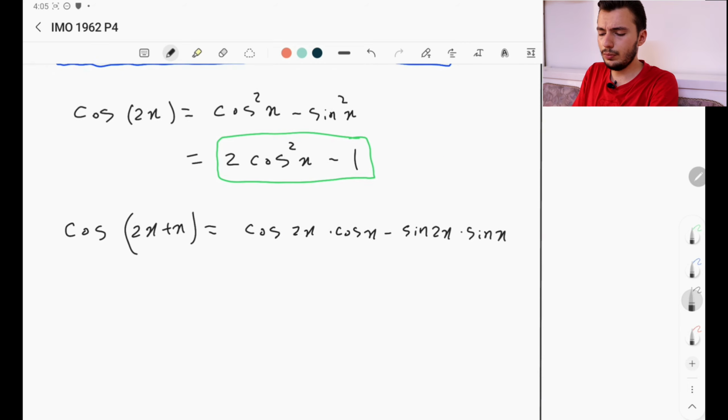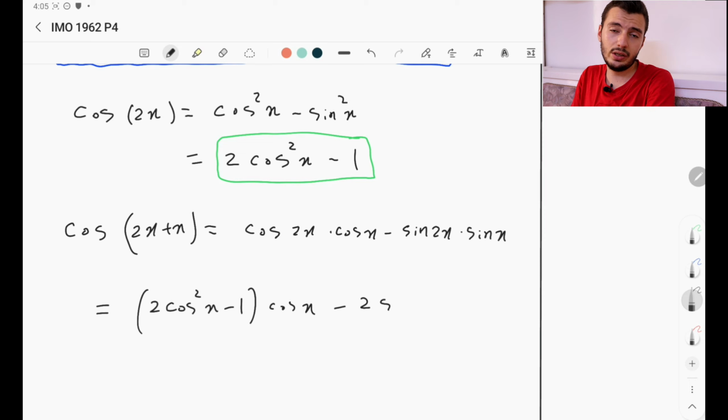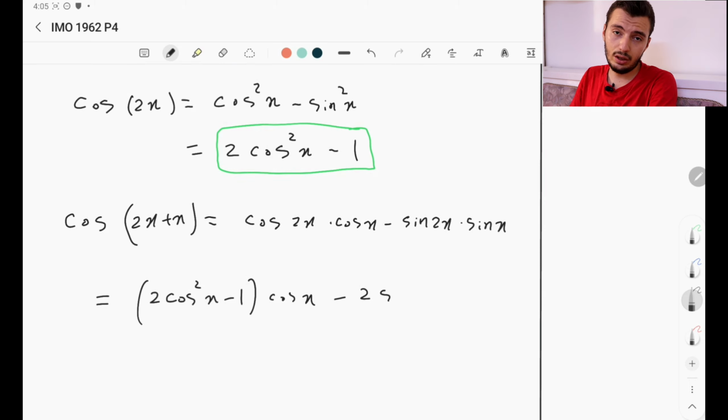Now we already know what cosine 2x is, right? It's just 2 cosine x squared minus 1, times cosine x, minus sine 2x, which is 2 times sine x times cosine x.